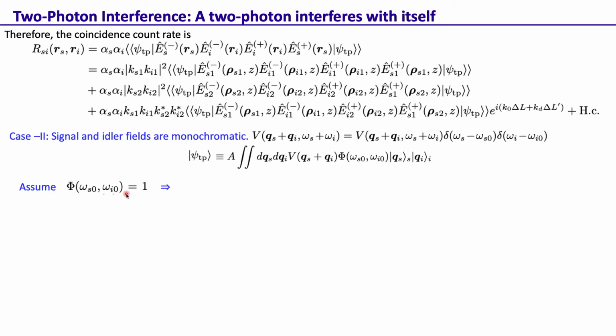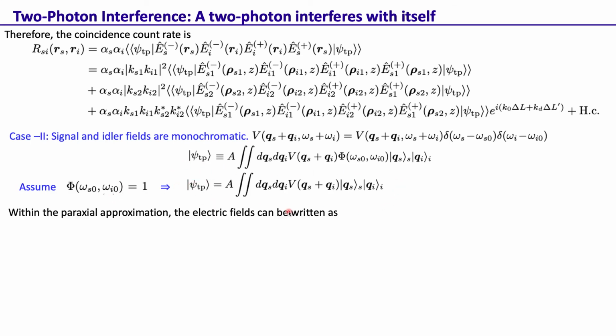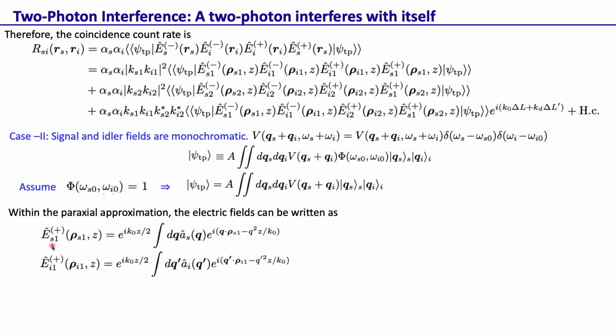So when this is 1, this two photon state simply takes this form. And then if we assume the paraxial approximation for the field, these electric field operators, Es1, Ei1, Ei2 and Es2, we can write like this. So here I have written expressions for Es1 plus, Ei1 plus, and this is just the paraxial approximation.